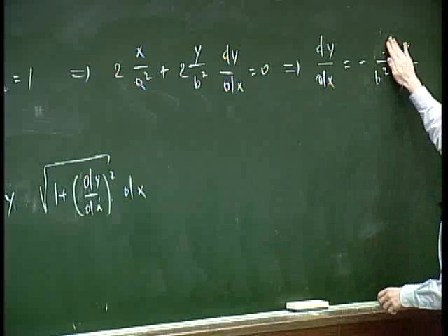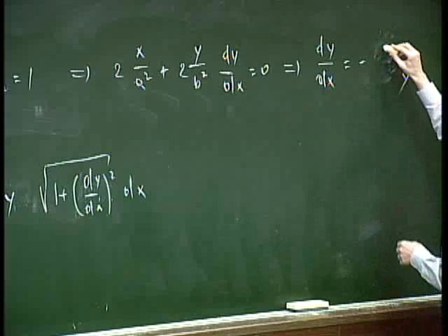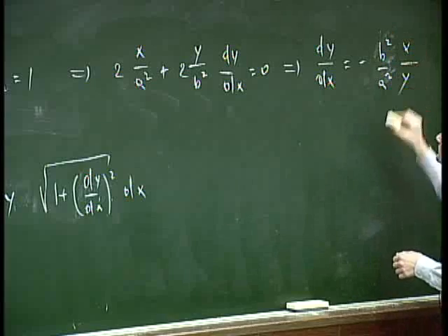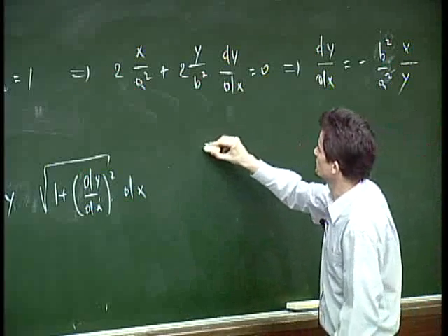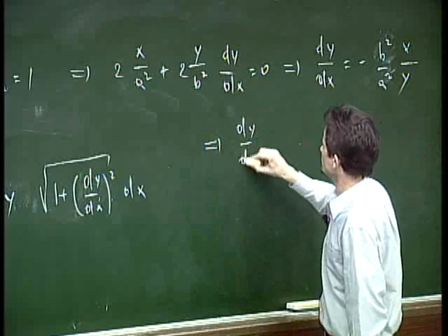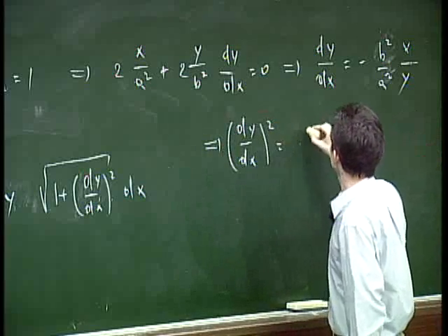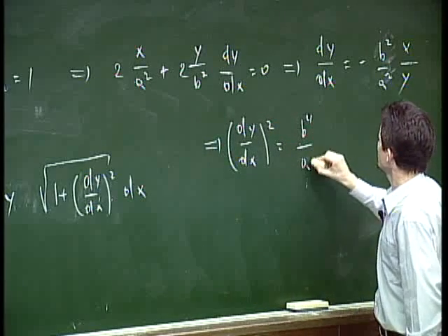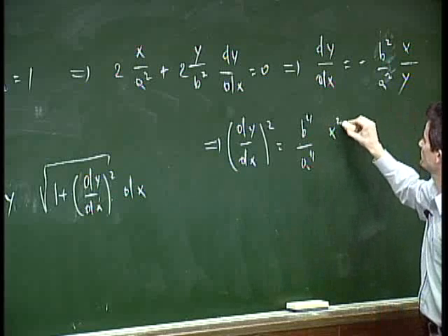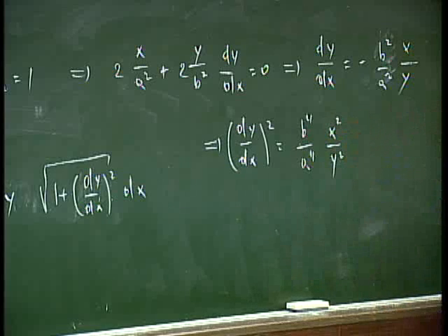Okay, so what we need is dy over dx squared. So this will be b to the fourth over a to the fourth, then we have x squared over y squared.